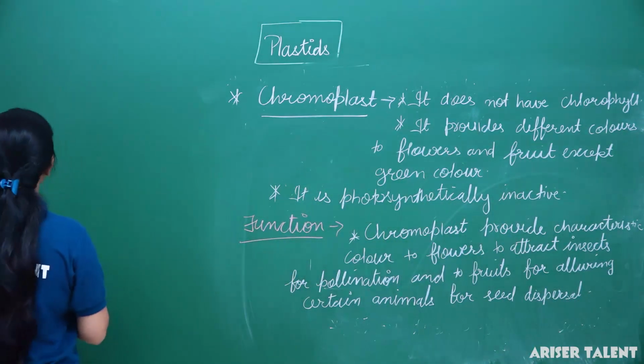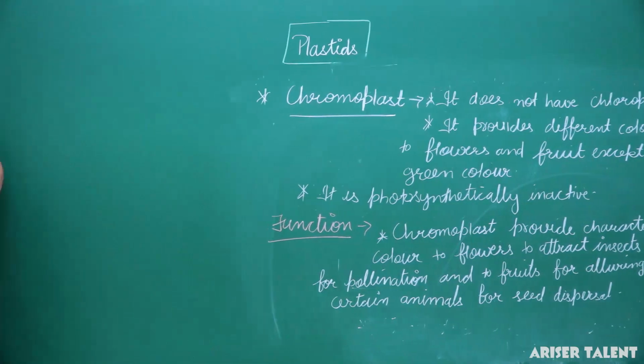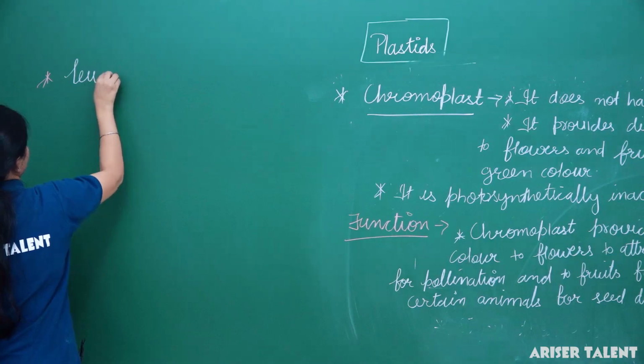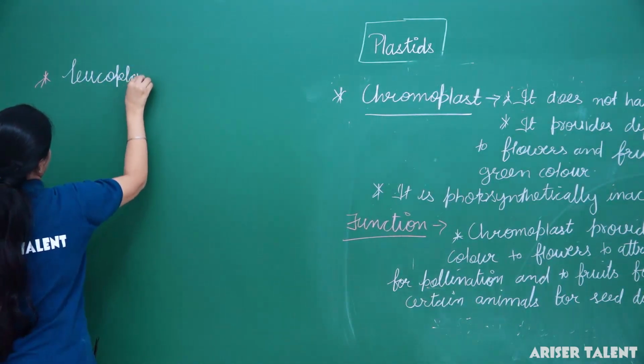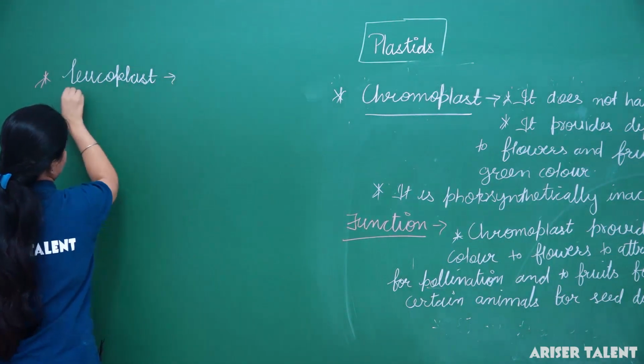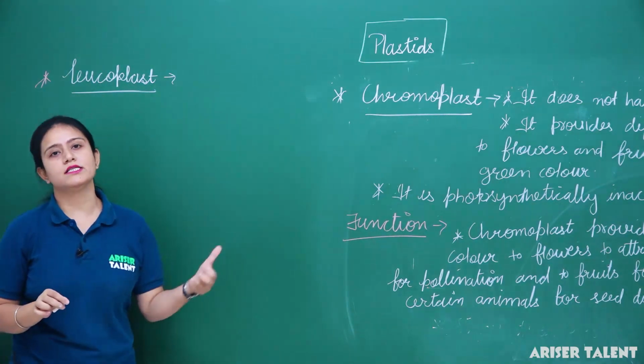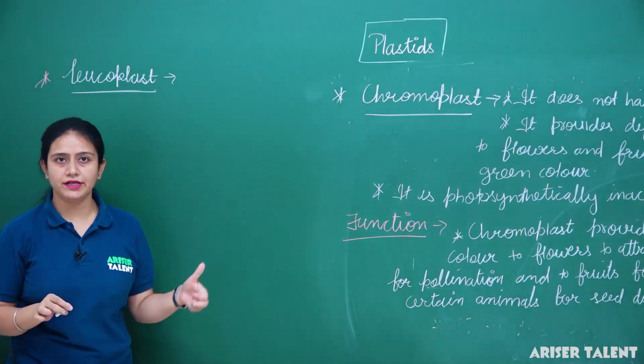Now, third, we will talk about the third plastid, that is leukoplast. As I told you, it is a colorless plastid. It does not have any color.